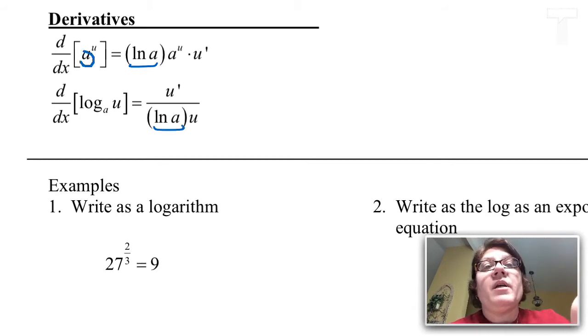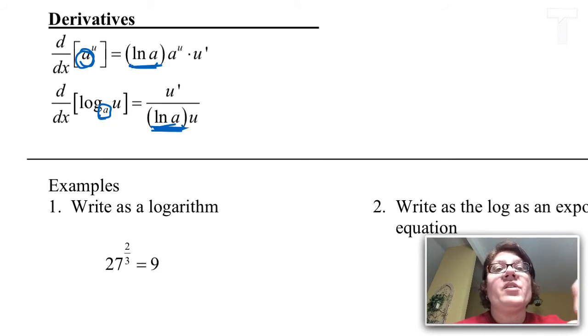Remember, exponential base is a little bit bigger than log base. So both of them have the natural log of the base, but in the log, it's on bottom. And just think of it, this base is up top, this base is down below. And then with that natural log of that base, I have the original stuff.